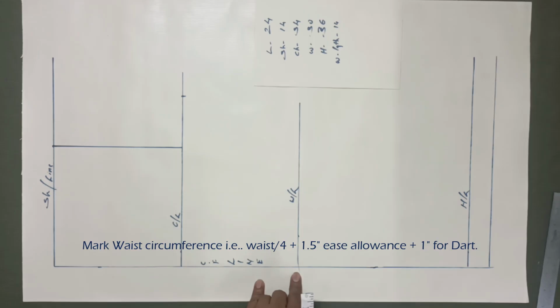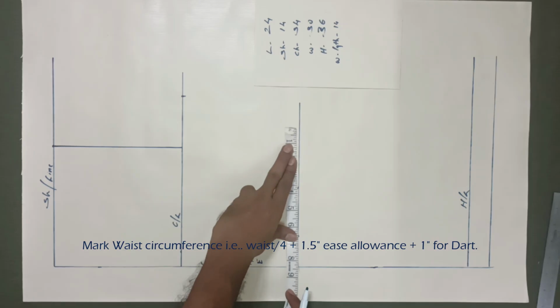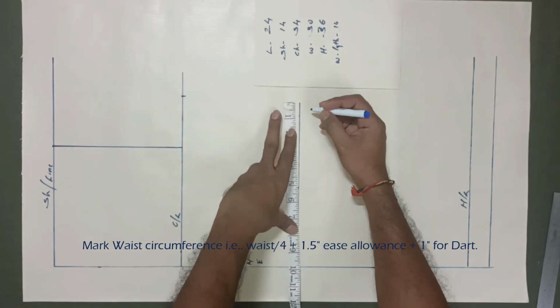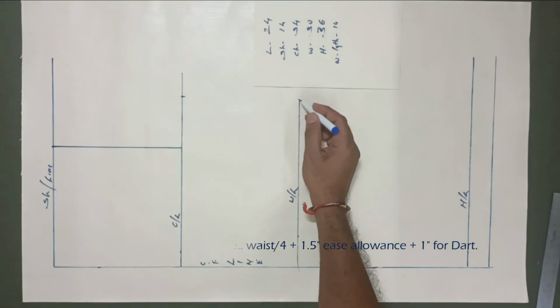The waist is 30 inches circumference, and waist divided by 4 is 7.5 inches plus 1.5 inches allowance, 9 inches, and after 9 inches, 1 inch for the dart, so we marked it over here.